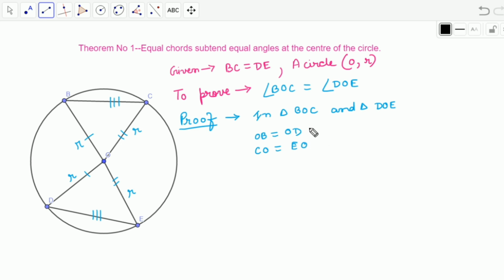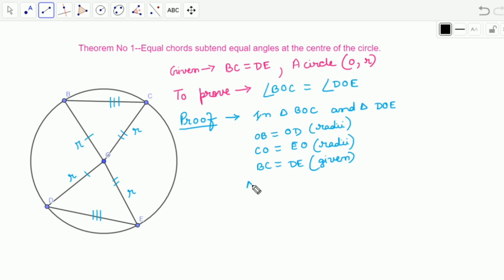Why? These are the radii of the circle. Also the third, BC is equal to DE. This is given to us already.